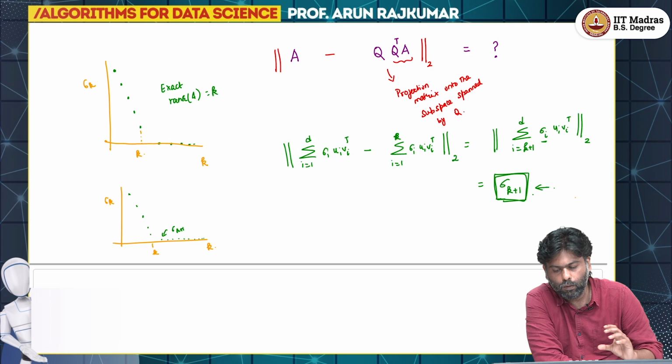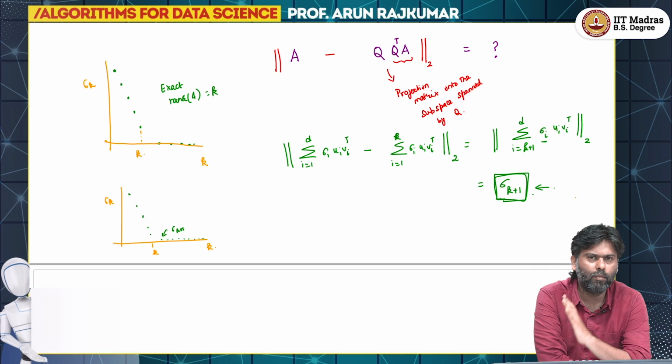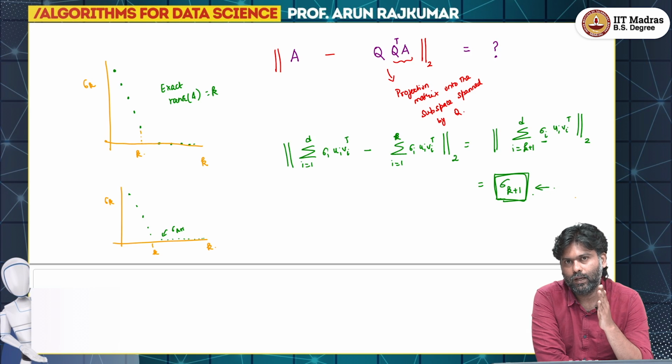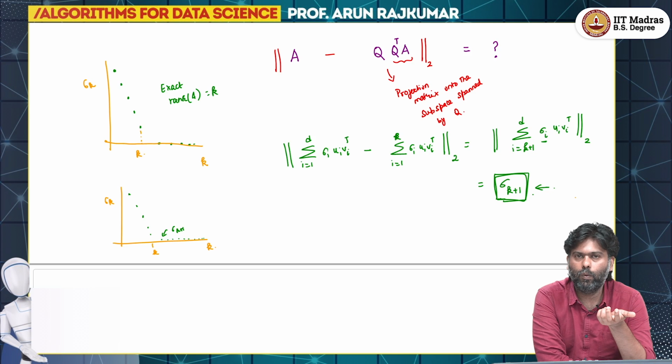So now let's be clear what we have managed to do. We started with asking how to do SVD quickly, and all we have said so far is that if we know u1 to uk, then I will be able to do SVD faster. How will I make it faster?